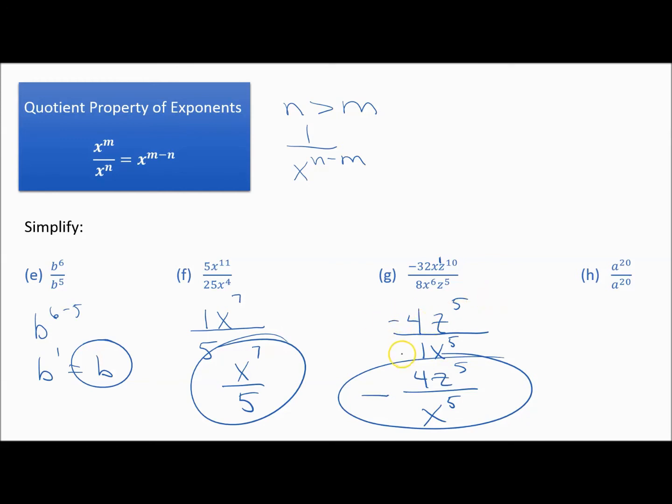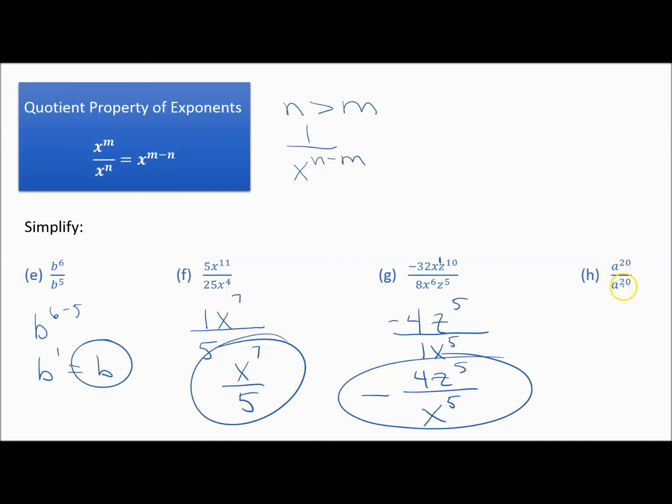Now if the negative is in the denominator, which is not in this case, and you have a positive in the numerator, you know a positive divided by a negative is a negative, that would go out front as well, but you don't want to leave a negative just in the denominator. Okay, in the numerator is okay, but it really is better if you go ahead and simplify your negatives inside the fraction and bring it out front if it's negative. If it's positive, of course, it won't be there at all.